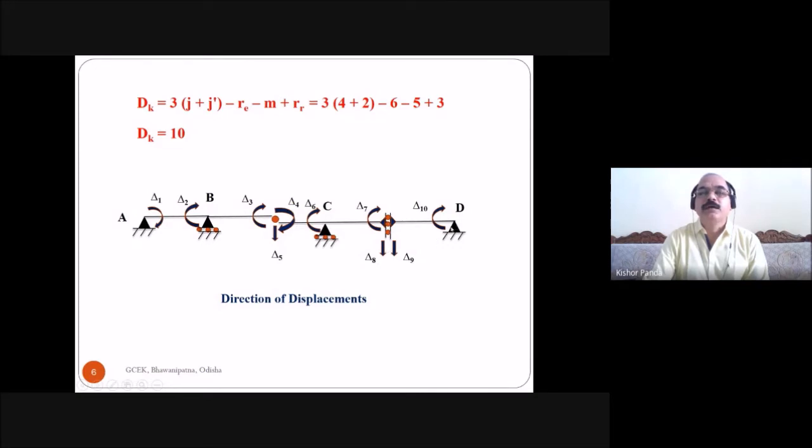Then here also there is no vertical displacement, only rotational displacement. Then you count how many displacements are in this structure: 1, 2, 3, 4, 5, 6, 7, 8, 9, 10. Dk is equal to 10. These are the directions of displacements.